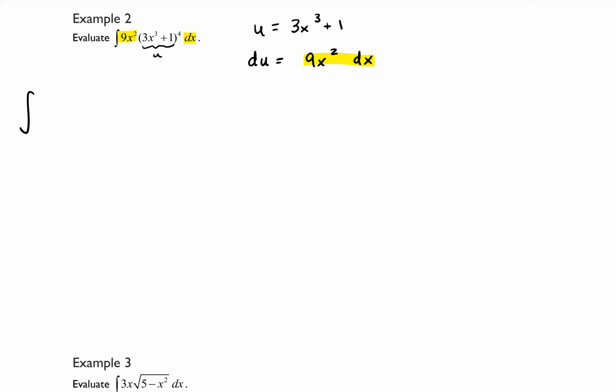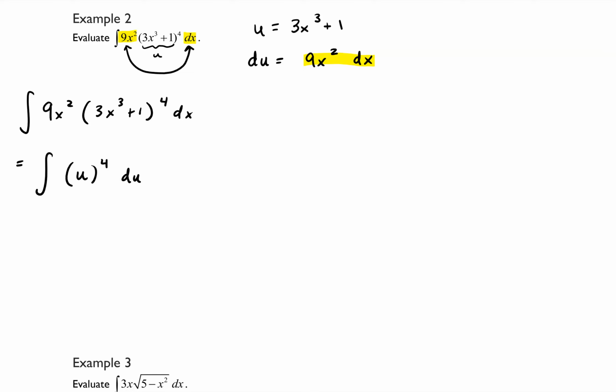So I can rewrite the integral of 9x squared times 3x cubed plus 1 to the 4th power dx as the integral of u to the 4th power du, because if I replace the 9x squared and the dx, they give me the du value.